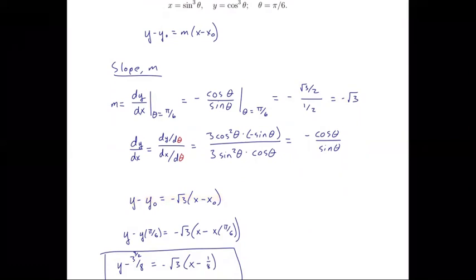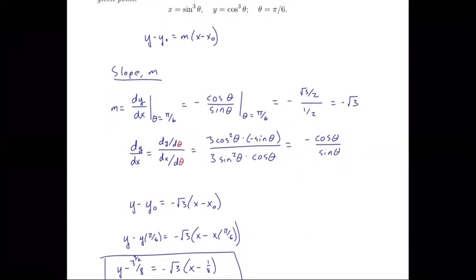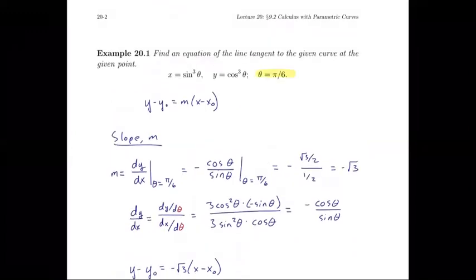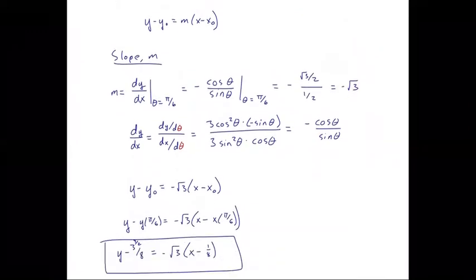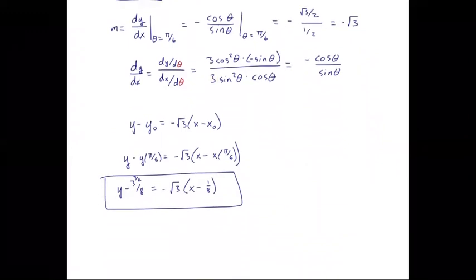Now the next question is, what's x naught and y naught? Well, that's the x value and the y value when theta is equal to pi over 6. Again, that just comes from this fact right here on this given piece of information. So in order to find that, we just need to plug in pi over 6 into y, and pi over 6 into x.